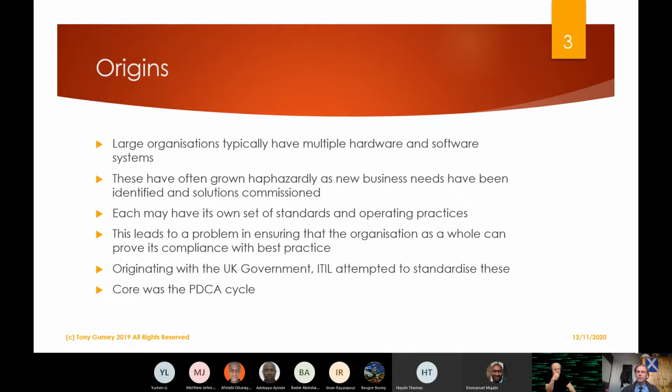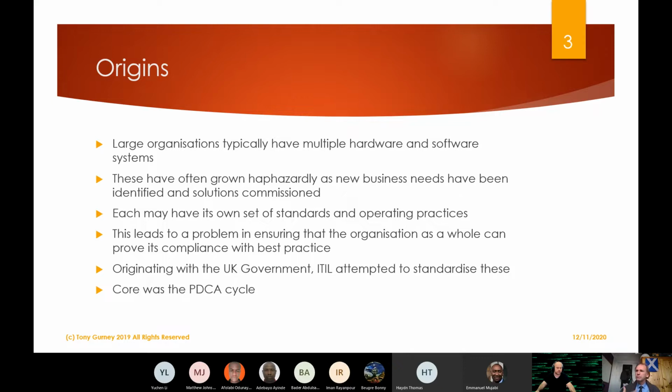So you've got all these disparate bits of hardware and software with different operating systems, different ways of working. It makes it really hard to say that you are in compliance. If you've got one thing, you can say, yep, we do this, this, this, and this, and we are compliant. Yay, us.